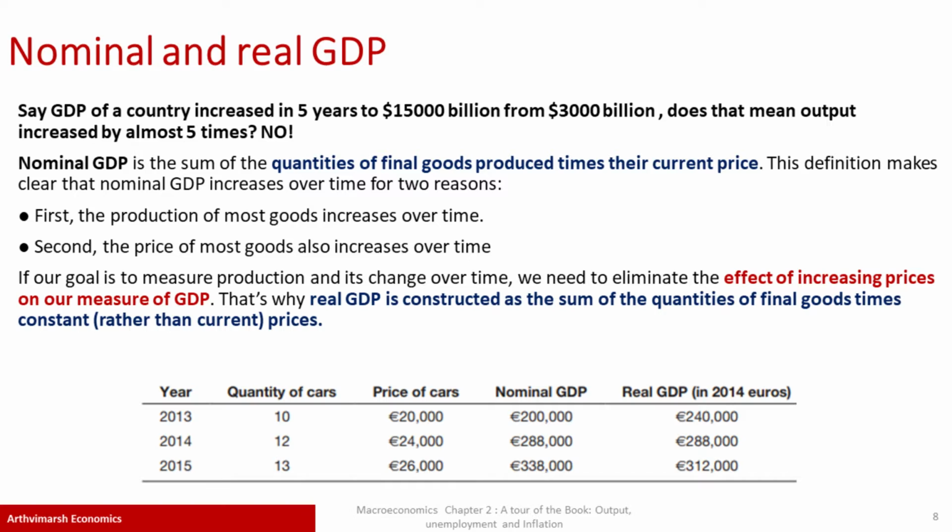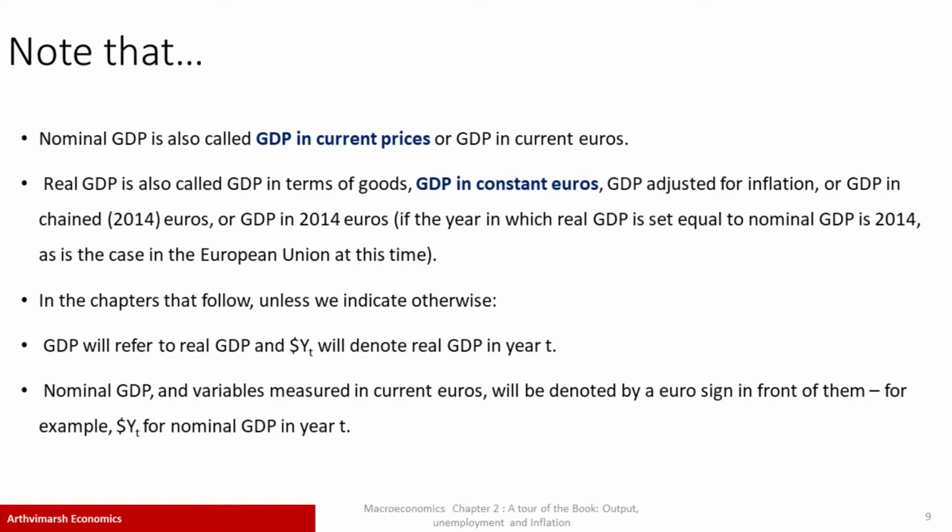So every country has a specific method which they use to arrive at the GDP numbers which they present or report. It is beyond the scope of our current discussion, but one should remember that the terms nominal and real GDP each have many synonyms, and you are likely to encounter them in your readings.